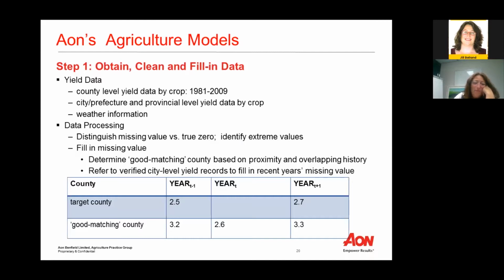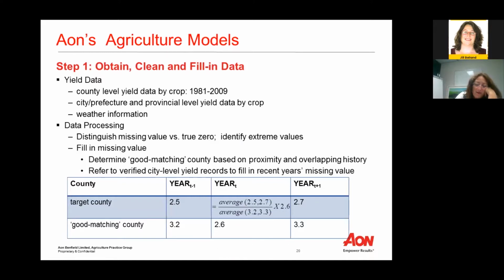And we find the best matching county based on how close it is, and how close their history has been in the past. We've got data for both counties, and also we can look at the climate as well.